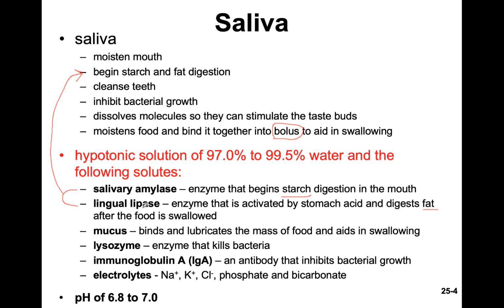These two enzymes will only work in the mouth because once you swallow food and saliva, they're eventually going to drop down into your stomach. And what do you know about the pH inside of your stomach? Well, the stomach is full of acid, so the pH is going to be really, really low.